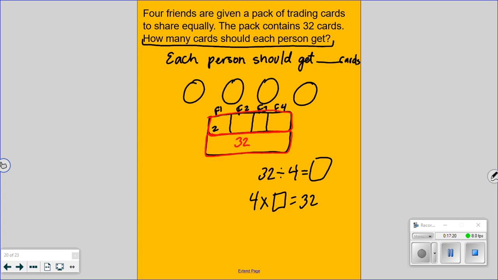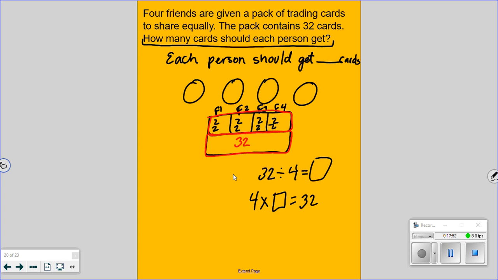So 2 for you, 2 for you, 2 for you, 2 for you. How many have I used so far? 2, 4, 6, 8. I'm going to keep going with my 2s. 10, 12, 14, 16.